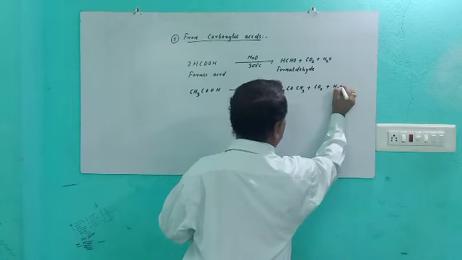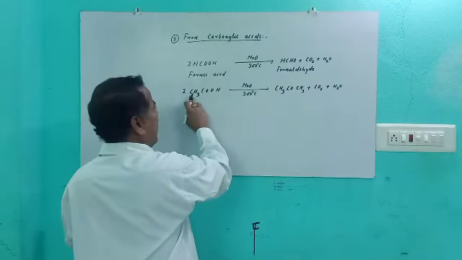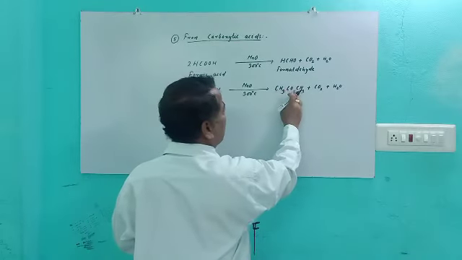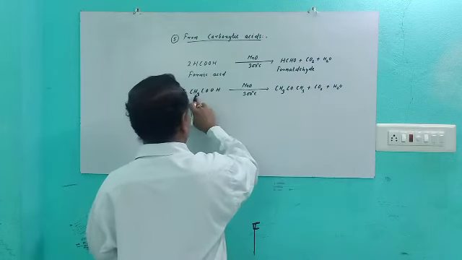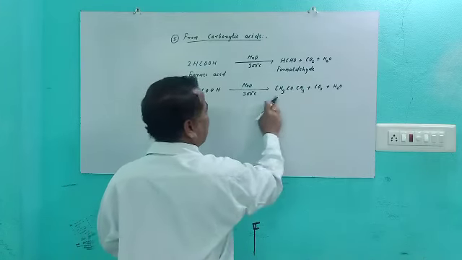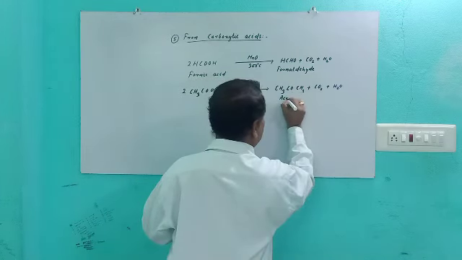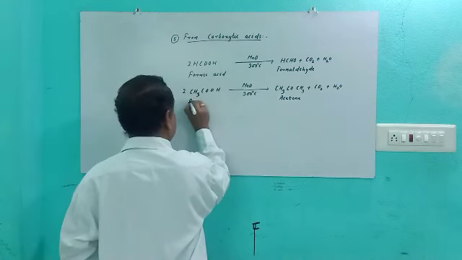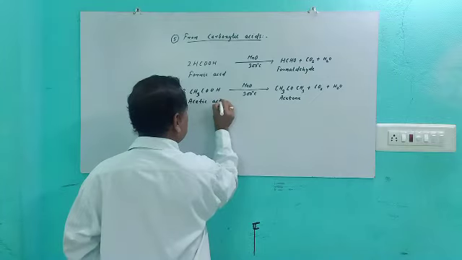In order to balance it, we have to multiply by 2. Carbon: 2 times 2 is 4. Oxygen: 4. Hydrogen: 2 times 4 is 8, and on the right 6 plus 2 is 8. This is acetone, and this is acetic acid.